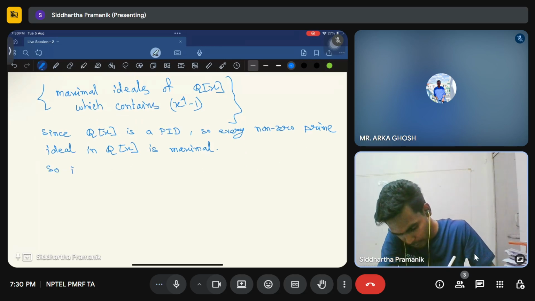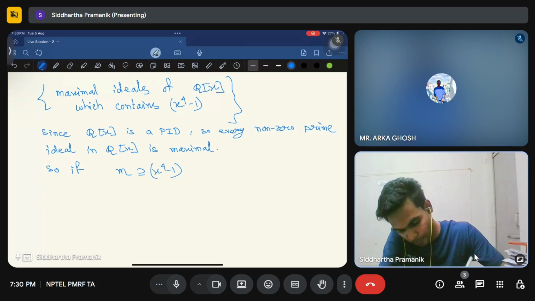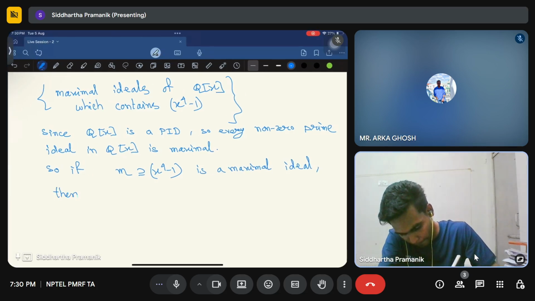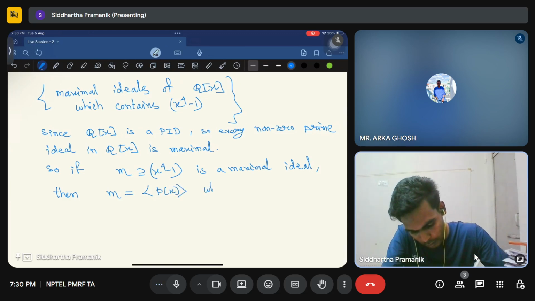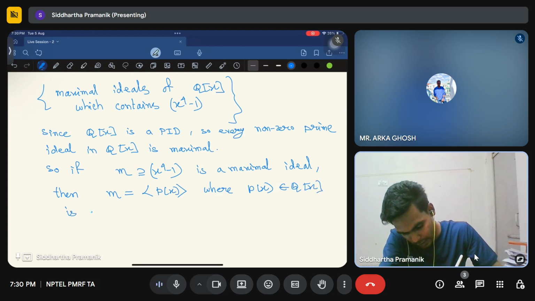So if M, containing x power 4 minus 1, is a maximal ideal, then M has to be generated by some polynomial p(x), where p(x) belongs to Q[x] and is an irreducible polynomial.